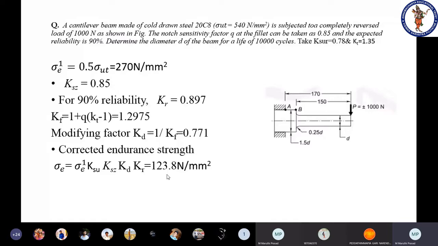With respect to the 10,000 cycles, you calculate the stress. After calculating the stress, by equating that stress with the bending stress, you can get the diameter of the shaft or cantilever beam. First, you calculate all these values and verify them.